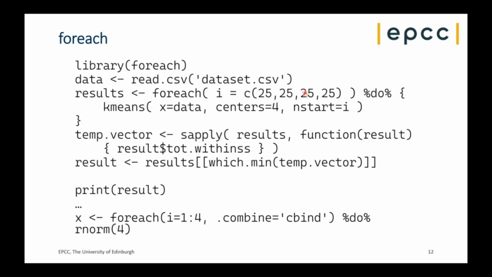This is our same example from before, but we have a do loop over 4 blocks of 25, and instead of an lapply, we're doing a foreach do loop, and then we want to collect the data back together to get our final result.